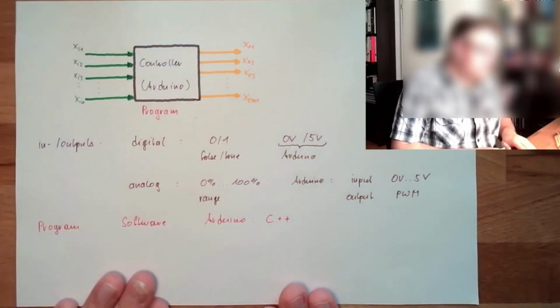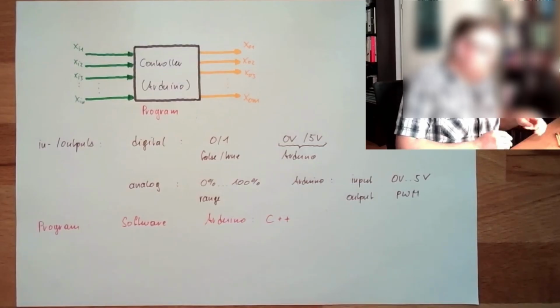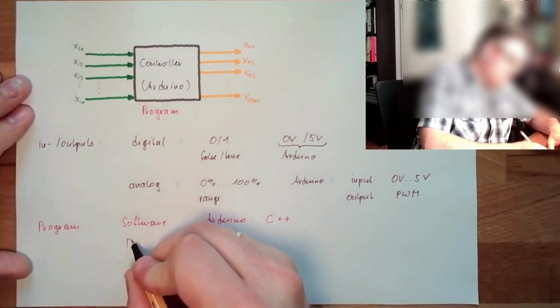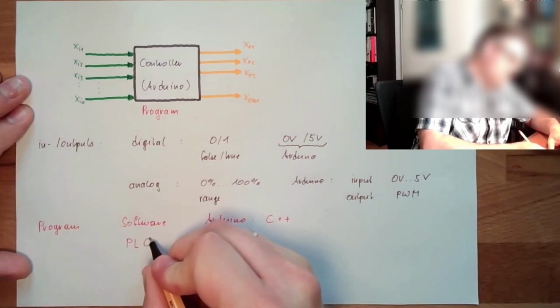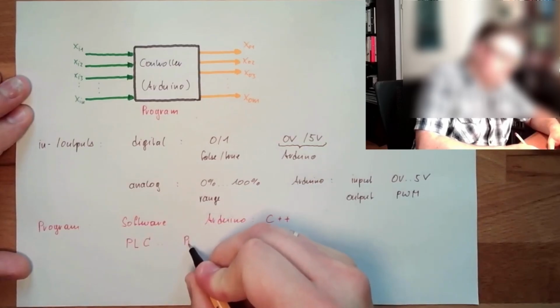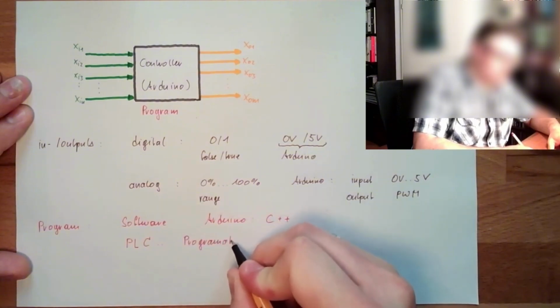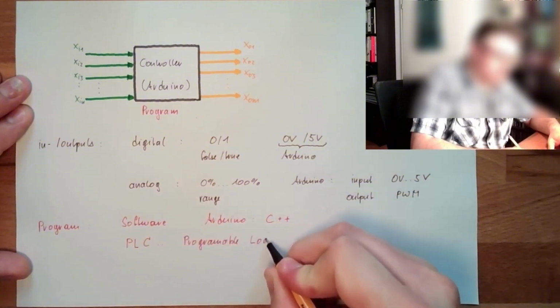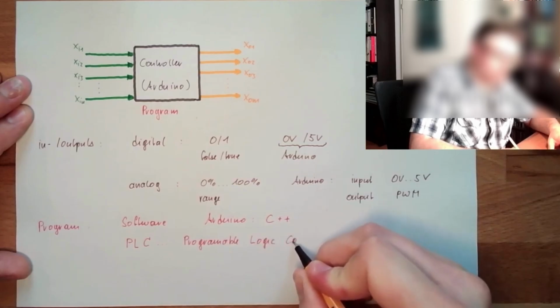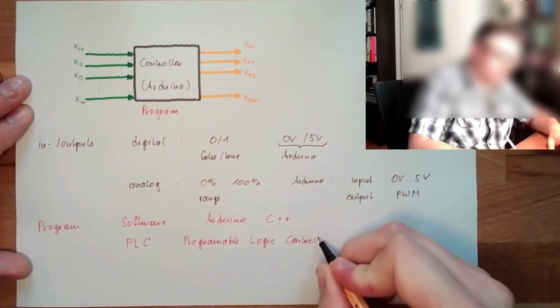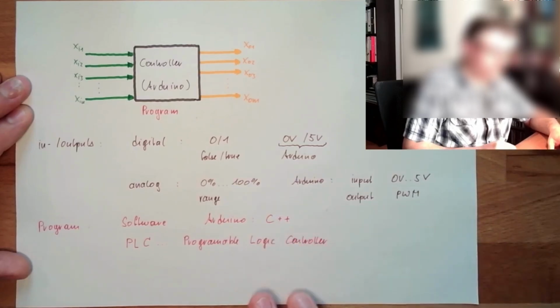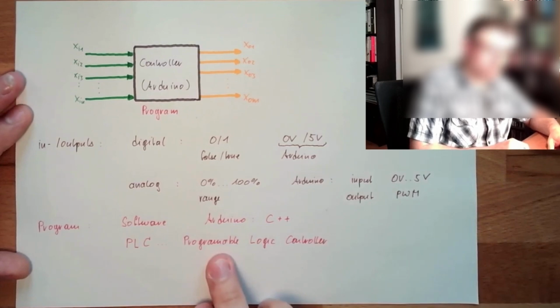Such controllers usually are called PLC, programmable logic controller. Is there a second M? Maybe.